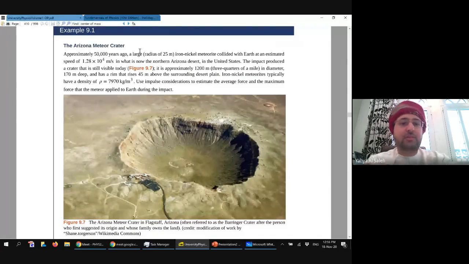Around 50,000 years ago, a rather large meteorite, with a radius of 25 meters, collided with Earth at an approximate speed of 1.28 times 10 to the power 4 meters per second, somewhere in the United States. The impact of that collision can still be seen today, and that's a photo of it in figure 9.7.